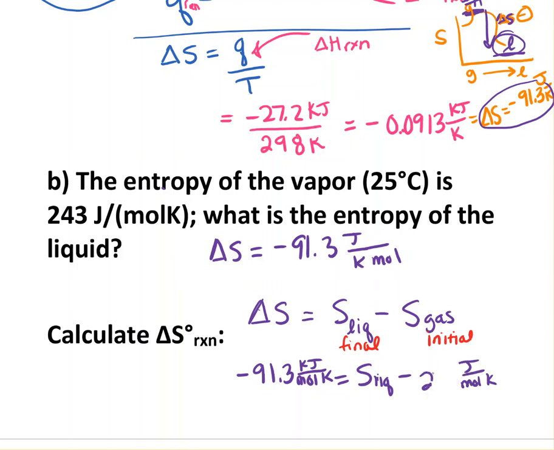There we go. And so we're just going to solve for the entropy of the liquid. So you can see that these entropies are number values, just kind of like we had the heat of formation. We had a number for each substance and how much enthalpy it had. This is how much entropy they have.